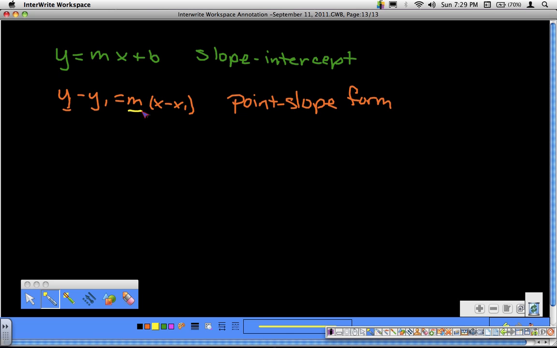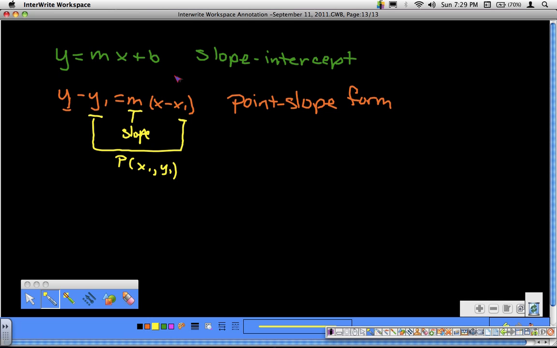The other parts of this equation where we will substitute in, the y1 and the x1, come from some point that we're given. The y itself and the x itself, those are going to be our variables, just like y and x were in slope-intercept form.